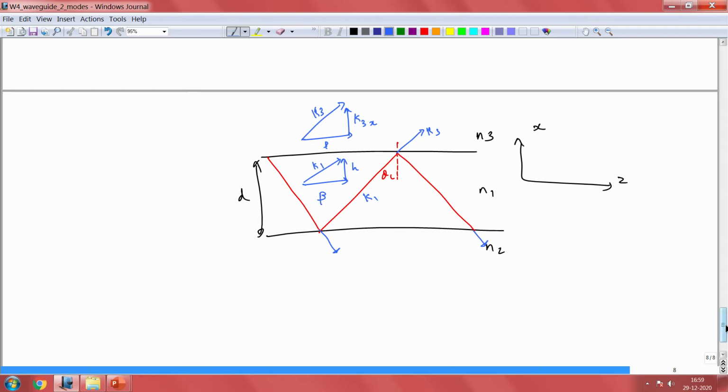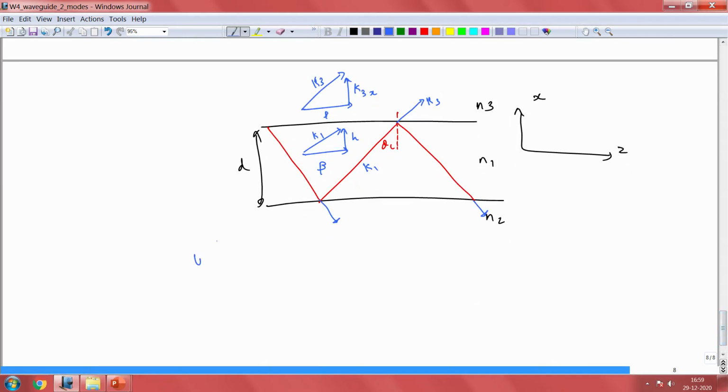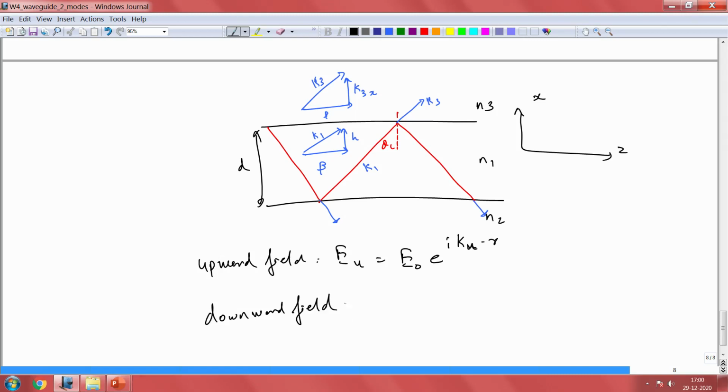So, the upward field, let us say E_U, is given by E naught e to the power i k_u dot r, and the downward field here is E_D, which is E naught e to the power i k_d dot r.